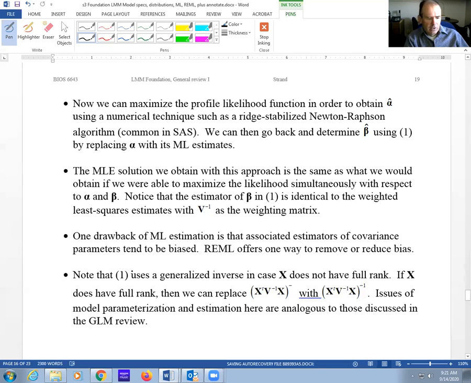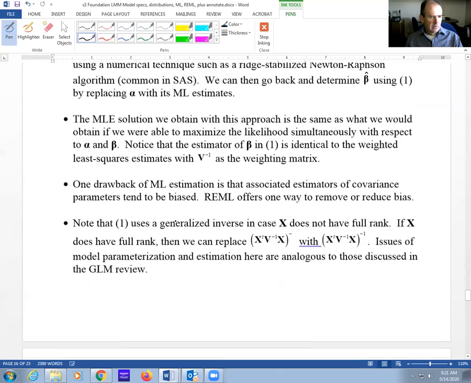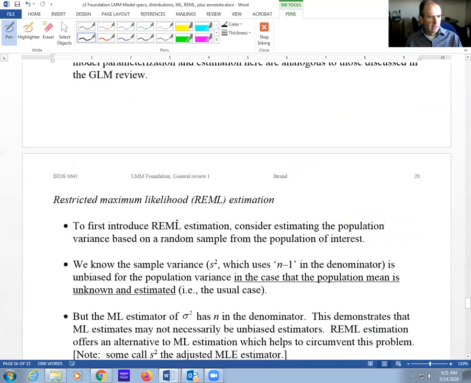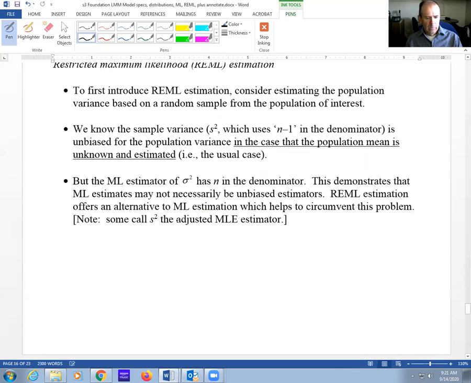And an analogy or a simple case to think of that is, let's say you just have a random sample and you're drawing from a normal population with mean mu and variance sigma squared, right? So if I have space to draw here, yeah, this will be good.